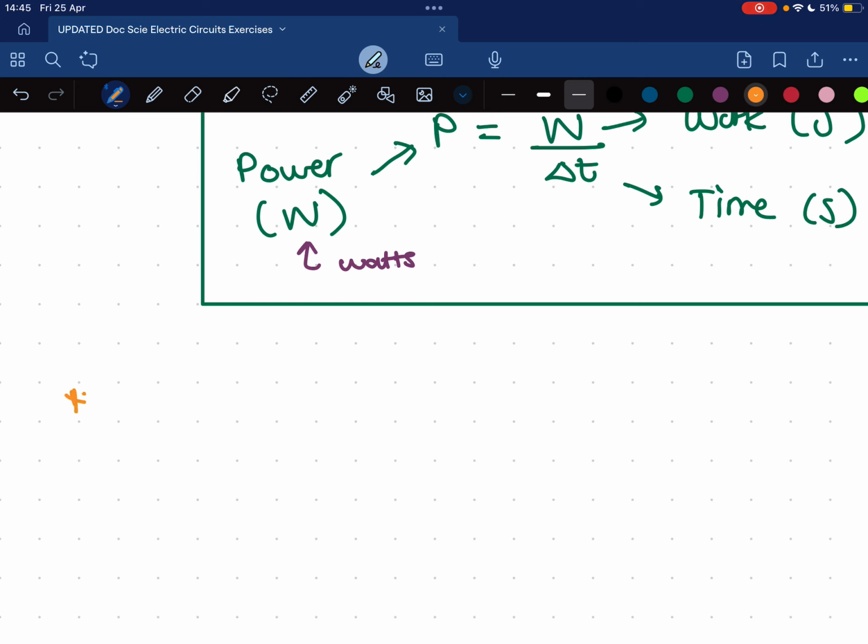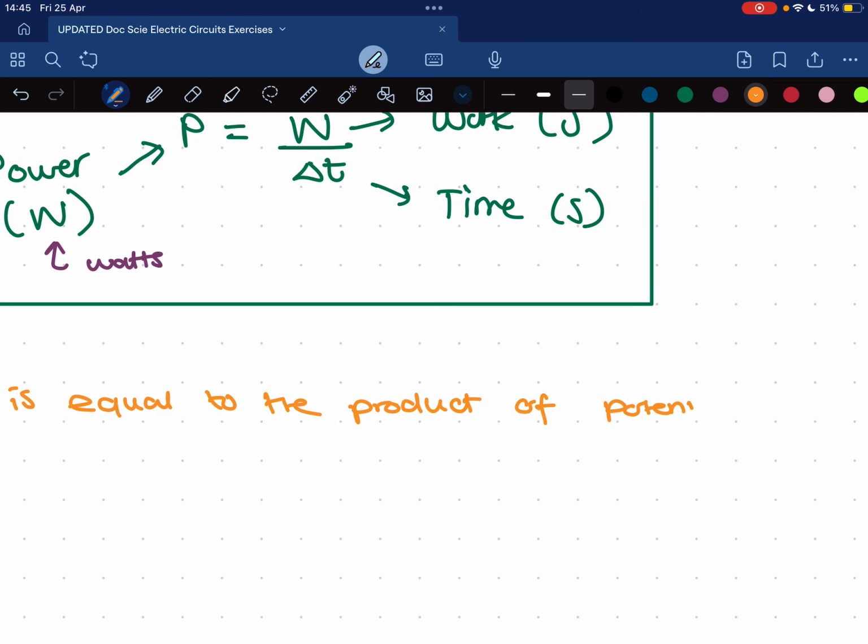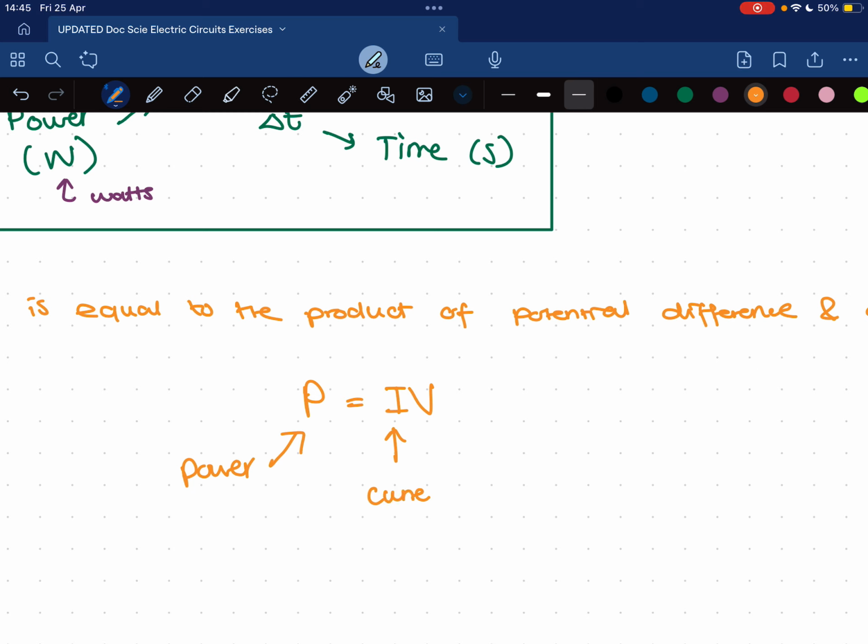So basically, power is equal to the product of potential difference and current, meaning that you could write the formula P equals IV, where P is power, I is for current, and V is for potential difference, measured in watts, amps, and volts.